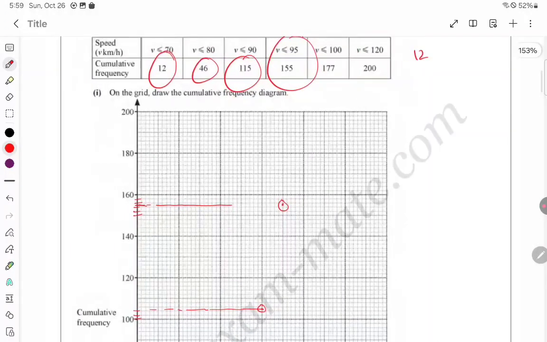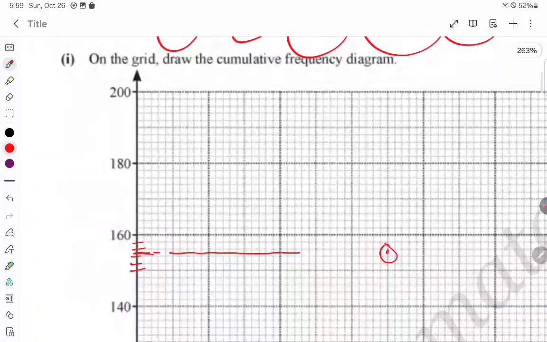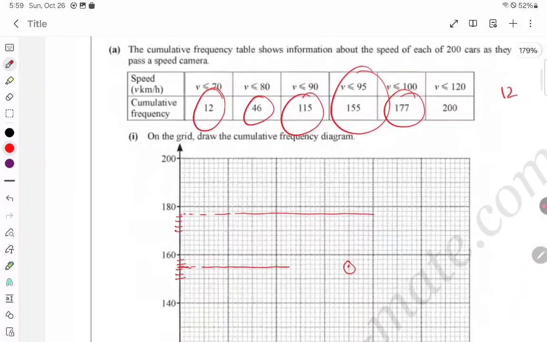Now for 100, 177. This is our 170, 172, 174, 176, 177 at 100.